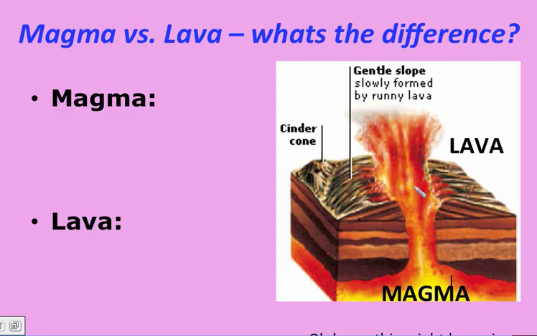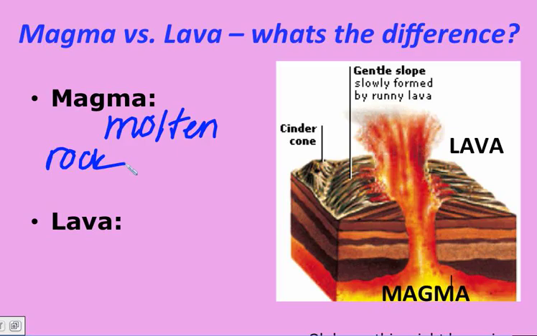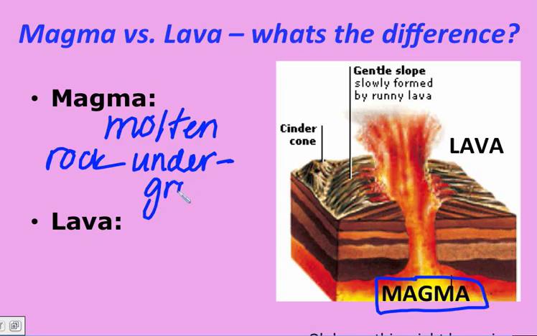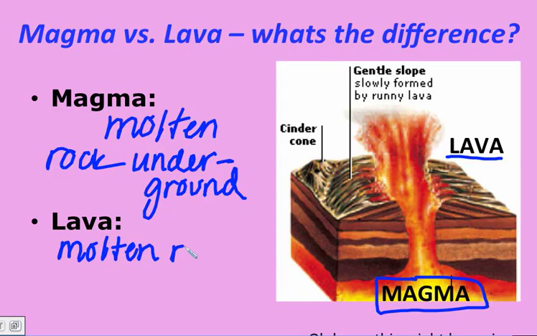We should notice a similarity. They are both molten rock. They're both melted. But their location is a little bit different. Obviously here we see the magma is underground. So we define magma as molten rock underground. And again, lava up top here, still molten rock, but it's simply the location that changes the term.